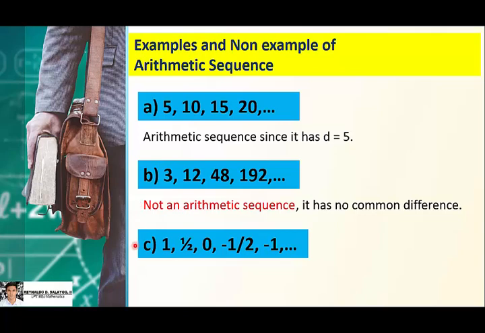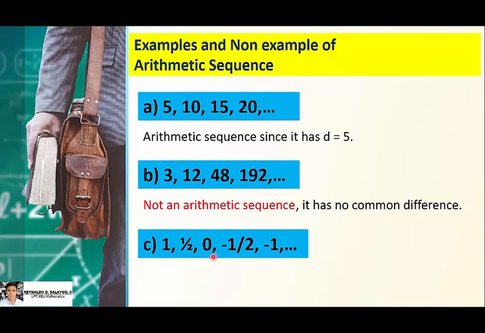Let's move on to our third example or number sequence. So we got here 1, 1 half, 0, negative 1 half, negative 1. As you observe, when we subtract 1 from 1 half, we obtain a difference of negative 1 half. When we subtract 1 half from 0, we obtain negative 1 half.